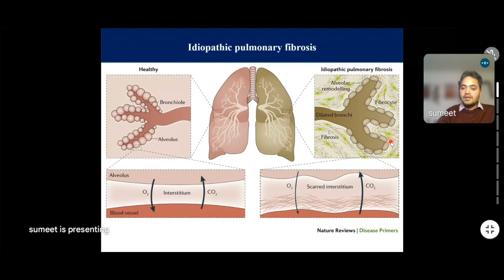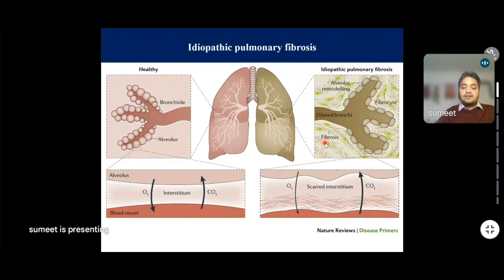So that's one thing. But at the same time, there is a lot of matrix deposition, which is shown in the lines, which are basically the fibrocytes or fibrosis shown here. Usually this is absent in a healthy individual, but when there is fibrosis, you have a lot of fibrocytes, a lot of extracellular matrix.